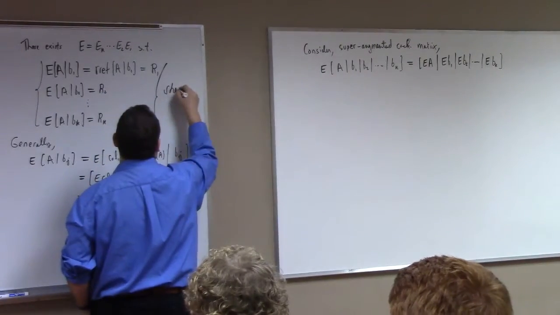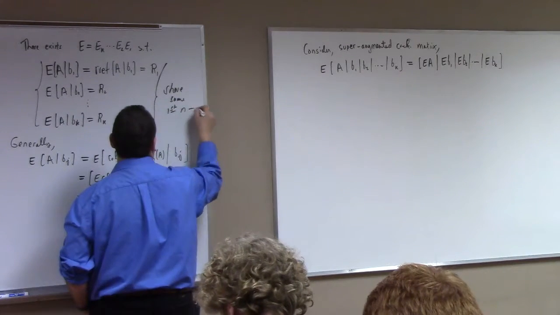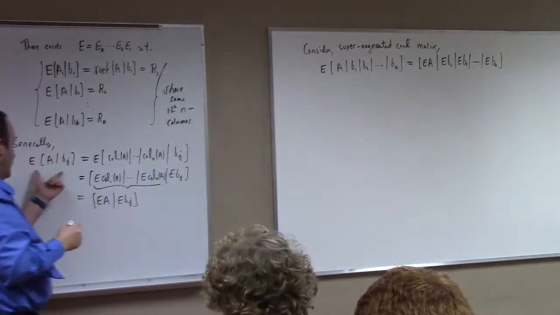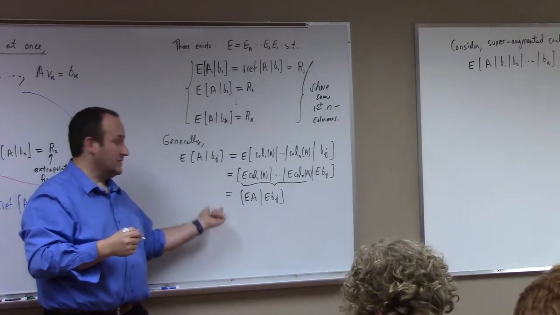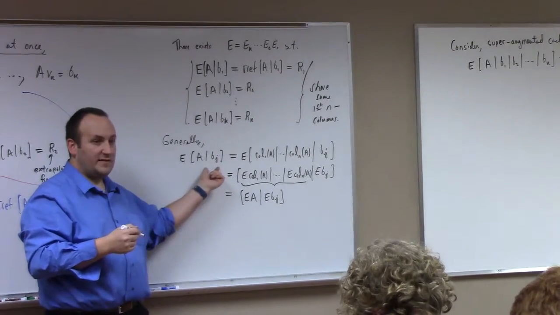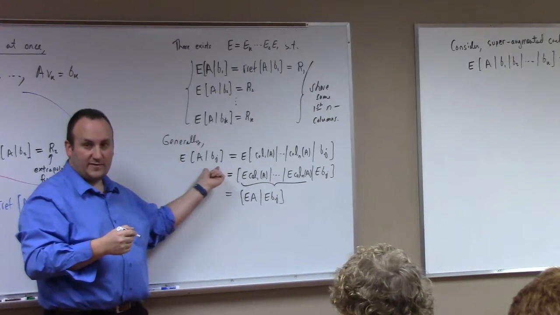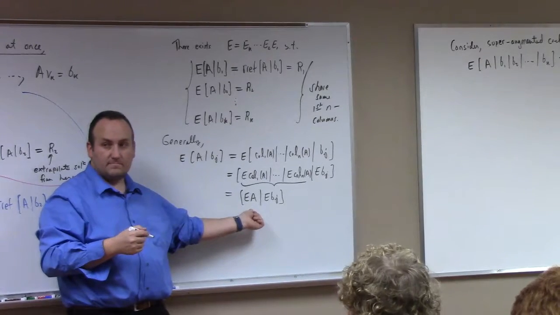These all share the same first n columns. Notice that this proves that, because for EA, BJ, what happens in the first n columns stays in the first n columns. It just reduces to EA. Yeah?